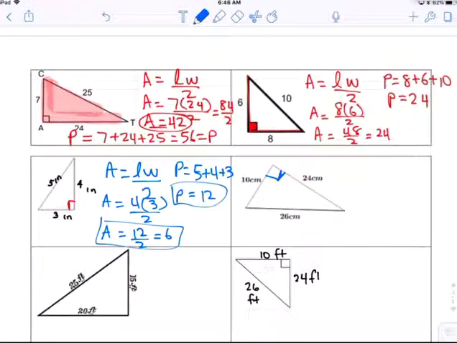Now, in some of my classes we did proving it's a right triangle, but they're all right triangles. Next time I'll put the direction up here so it's clear. I want you to find the area of a triangle and the perimeter for all of them.